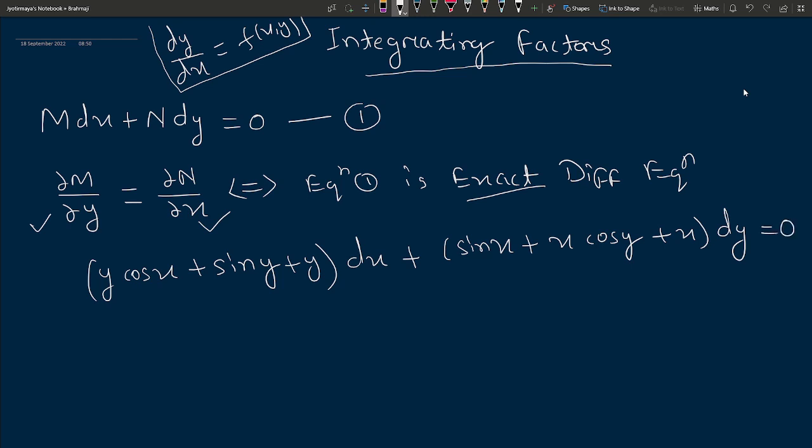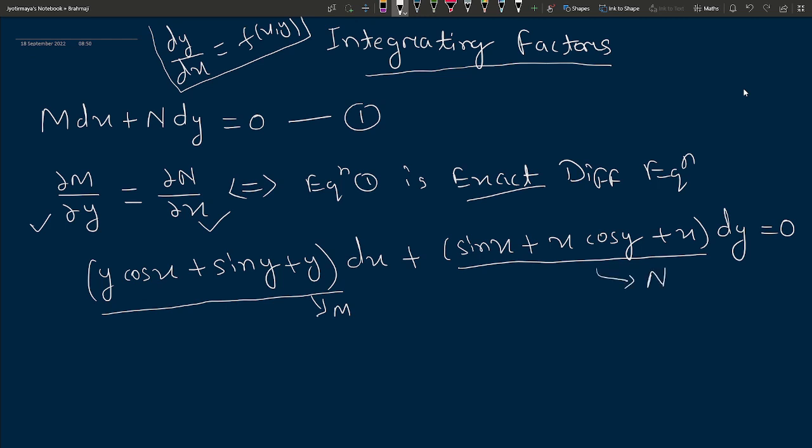Suppose this is my differential equation. Now this entire function which is multiplied with dx, I will denote by M, and this expression which is multiplied with dy, I will say this is my N.